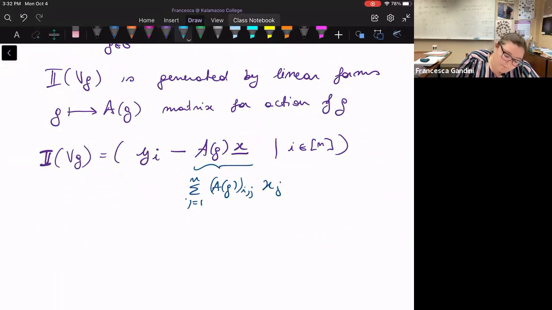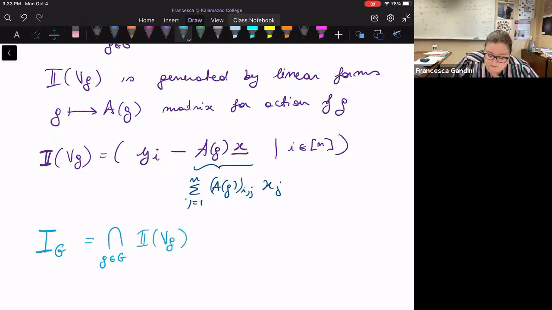That's how I called it. So this ideal IG for the group arrangement, which is the intersection over g in G of the vanishing of these VGs. And so this is an intersection of linear ideals.